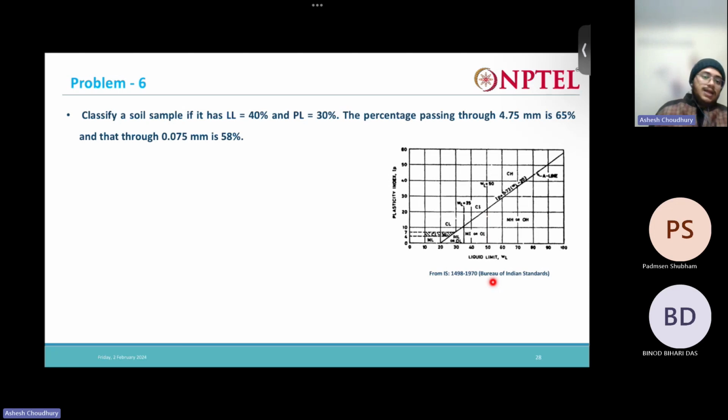Just try to solve this one by yourself once. I will give you 5 minutes. The liquid limit is given, the plastic limit is given, 65% is finer than 4.75 mm, and 58% is finer than 75 microns, 0.075 mm.